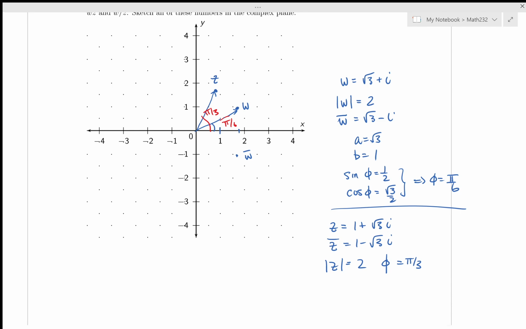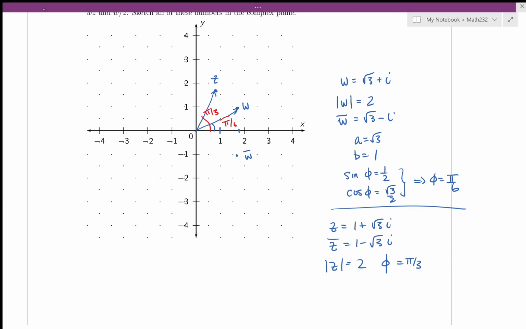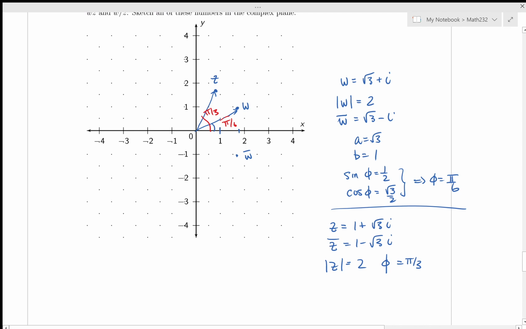So I can now write W and Z in their polar forms. They will look like this. W, which is root 3 plus i, can also be written as 2 times cosine pi by 6 plus i sine pi by 6.